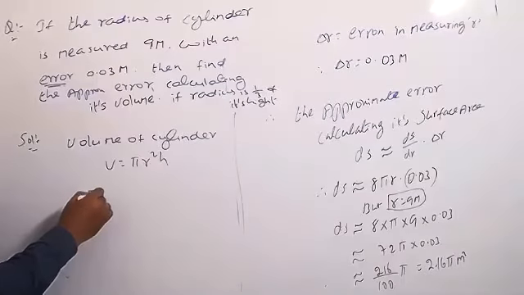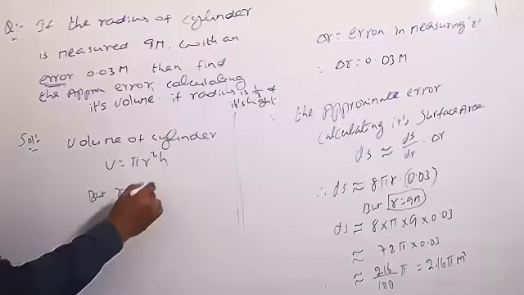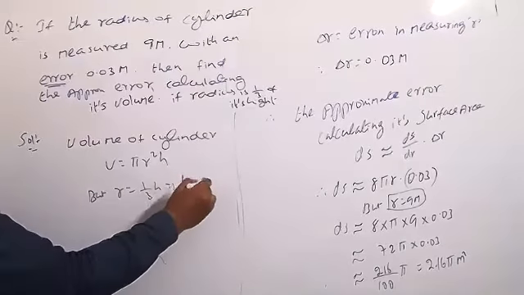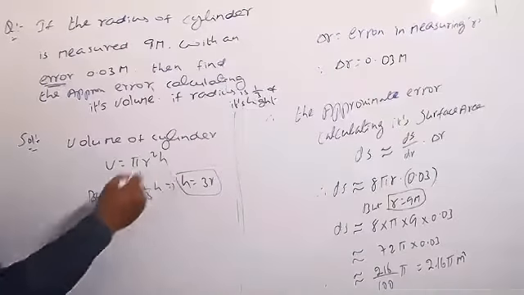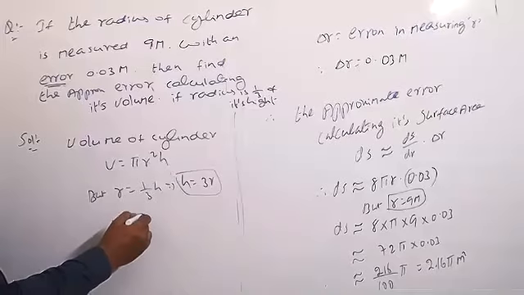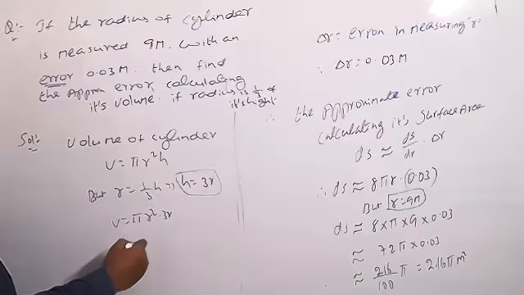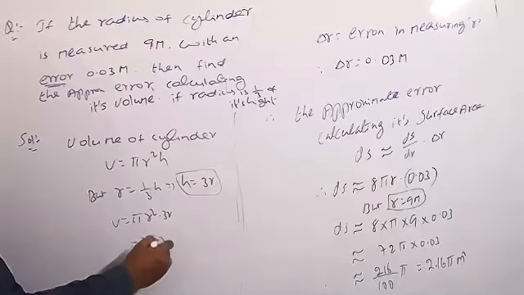But we know the condition that the radius equals 1/3 of the height, which implies the height equals 3r. Substitute it: V equals pi r square into 3r, so you can write 3 pi r cube.